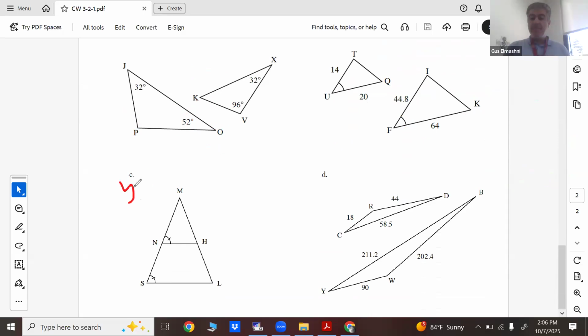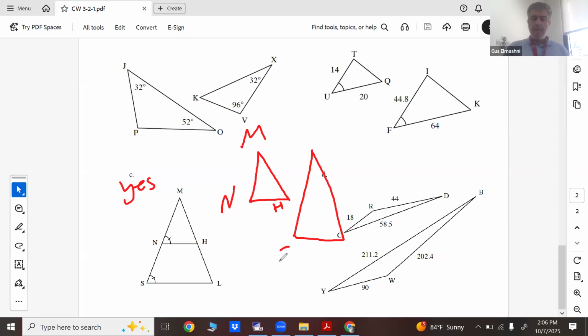Actually, this is gonna be a yes. It's not terribly obvious. I'm gonna break off the little triangle and compare it to the big triangle. So NMH I know. That is the same as that because you're told so.